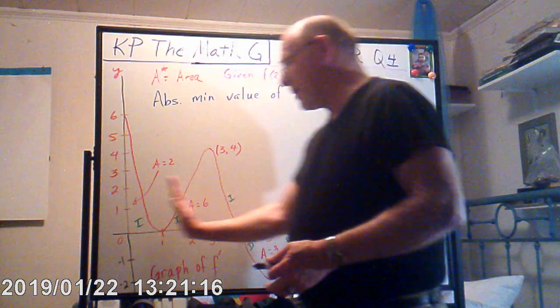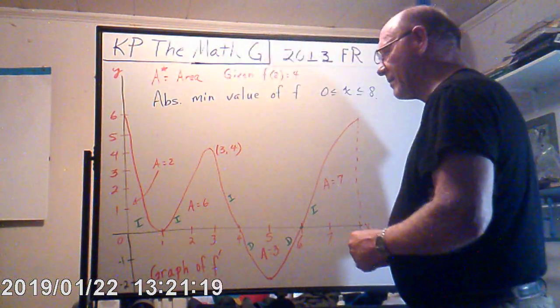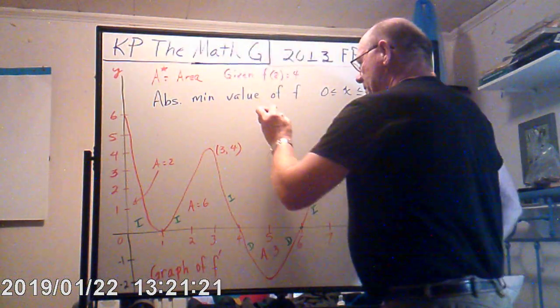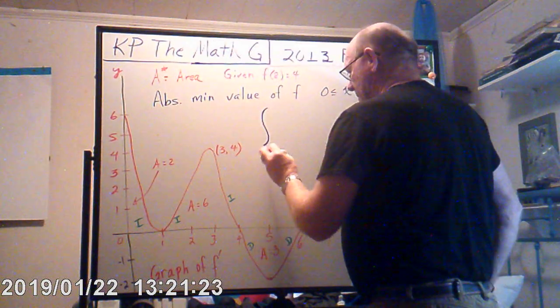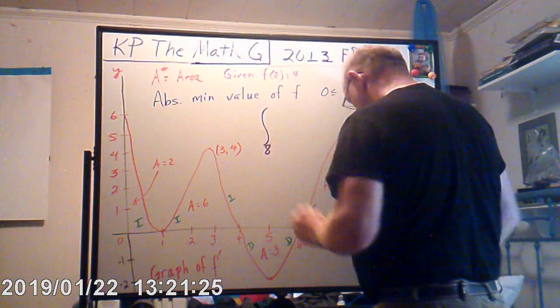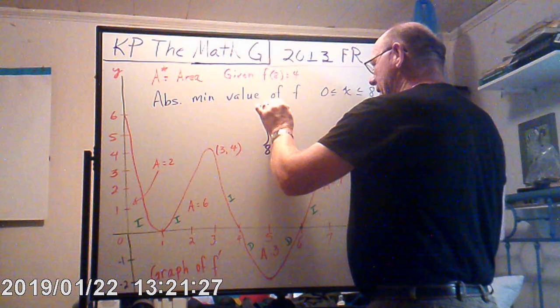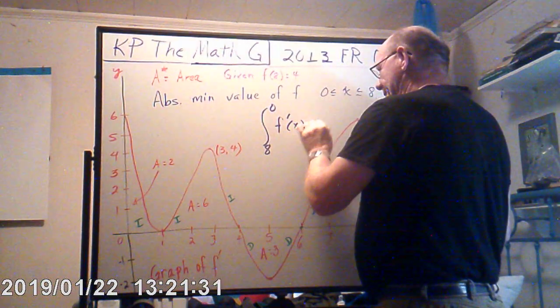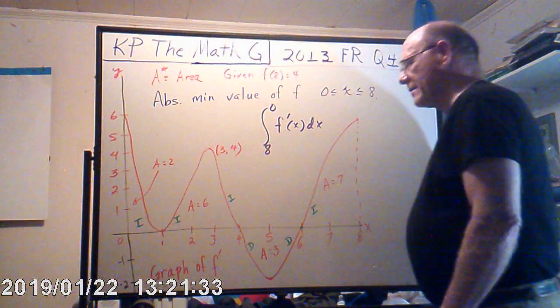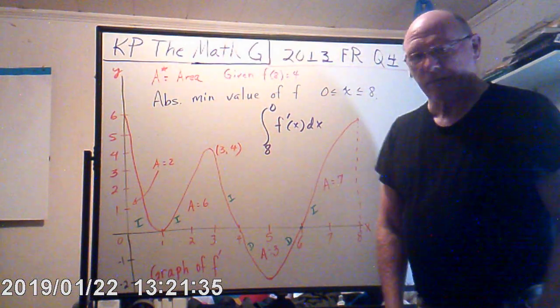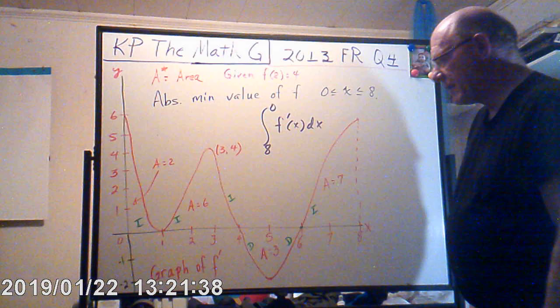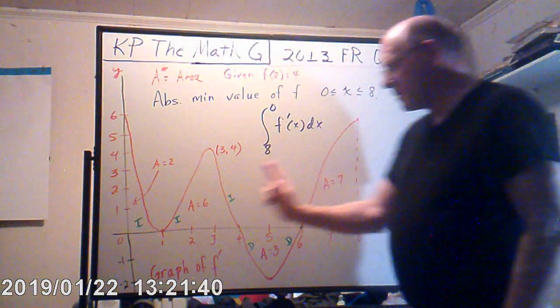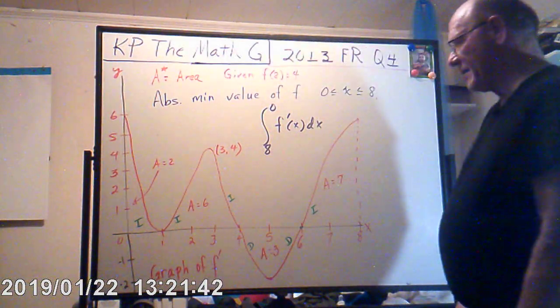You're working your way backwards, okay, to 0. So really you're looking at, if we're starting at 8 and going to 0, the integral of F prime at x dx. Okay, that's really what we're doing on this one here. We're looking backwards. We want to go back to 0.